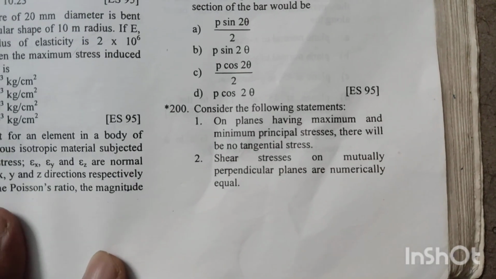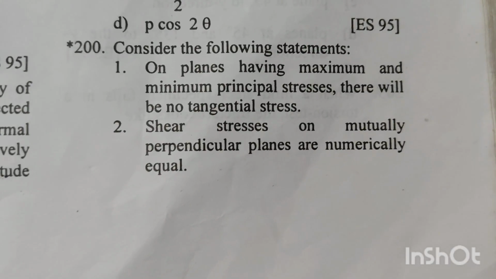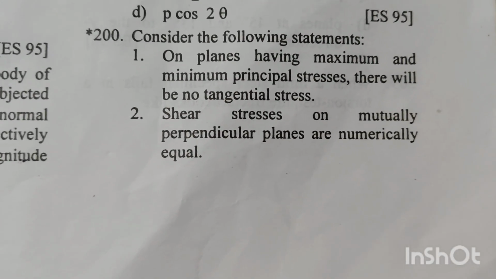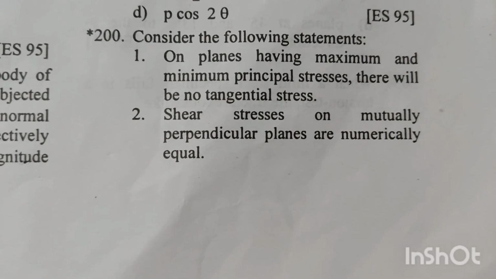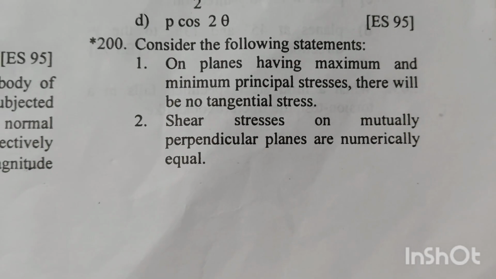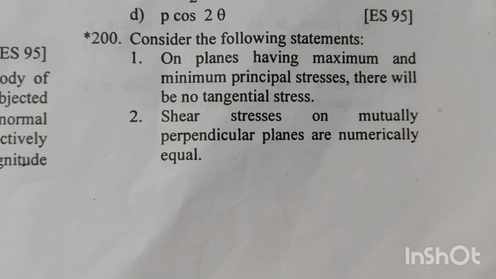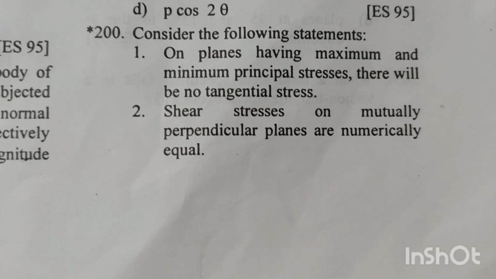Question number 200. Consider the following statements. Statement 1. On planes having maximum and minimum principal stresses, there will be no tangential stresses. Correct, because principal planes are defined as the planes of zero shear. Statement 2. Shear stresses on mutually perpendicular planes are numerically equal.